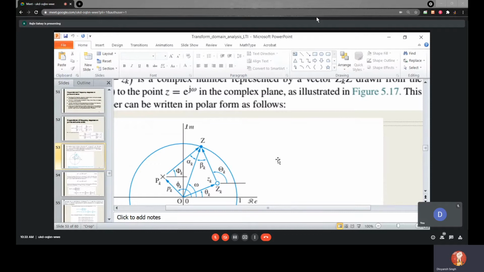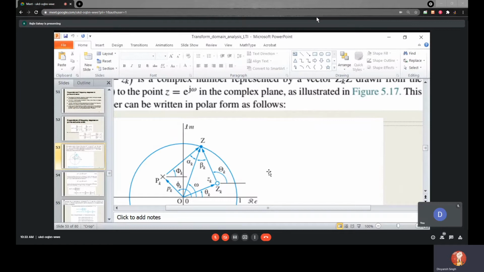Is it clear? So this vector is e to the power j omega minus p_k. And the pole as well as the zero, they make an angle with respect to the x-axis, which is capital phi k and capital theta k.